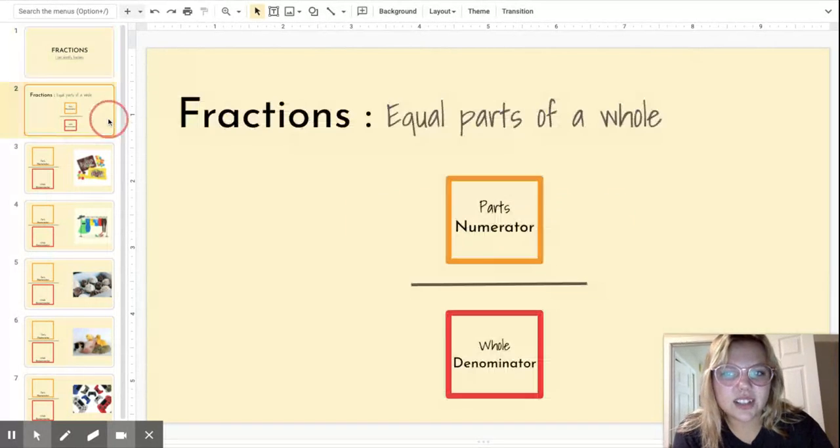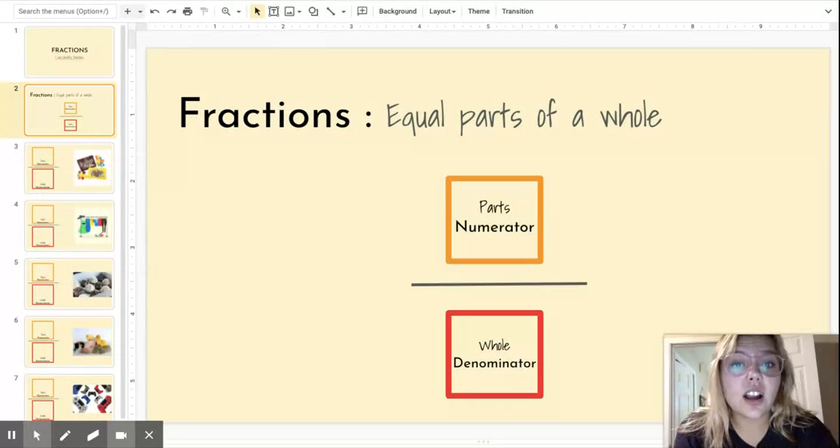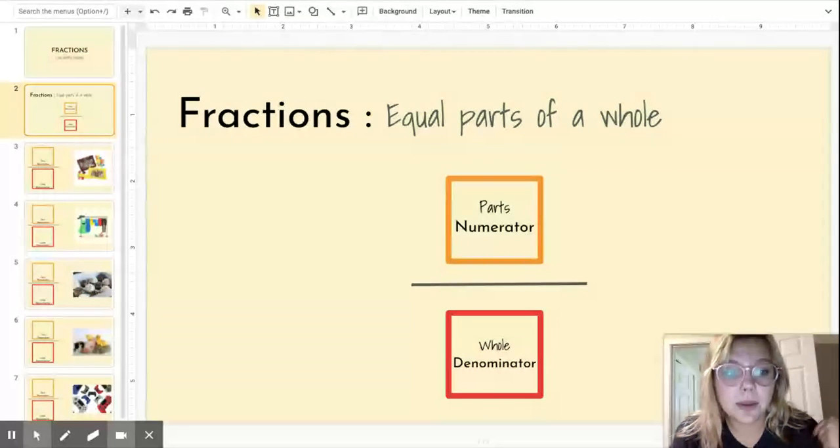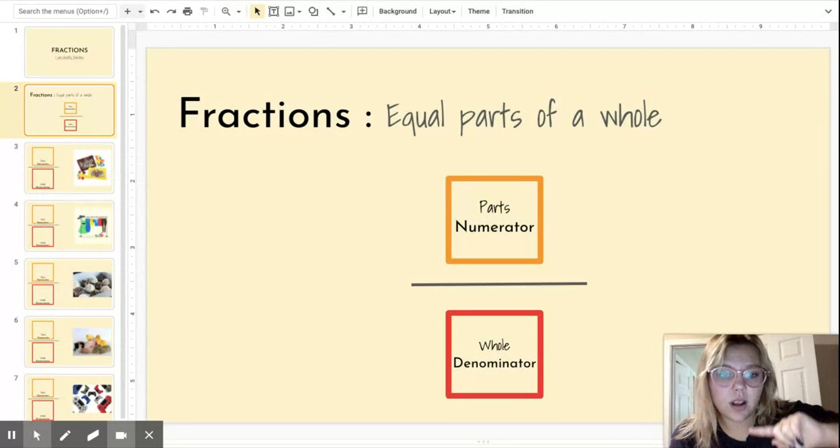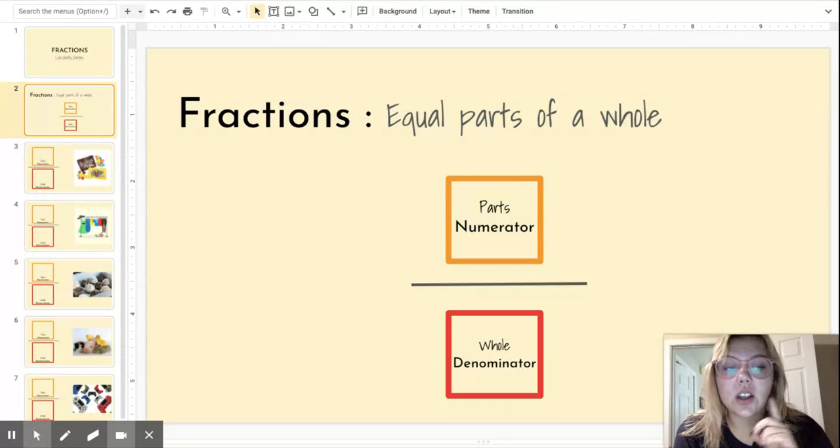But what are fractions? Fractions are equal parts of a whole. They help us describe and compare things better using numbers. Remember, we just talked about there are two numbers in a fraction, one on top in the orange and one on bottom in the red. The number on top can also be called the numerator.